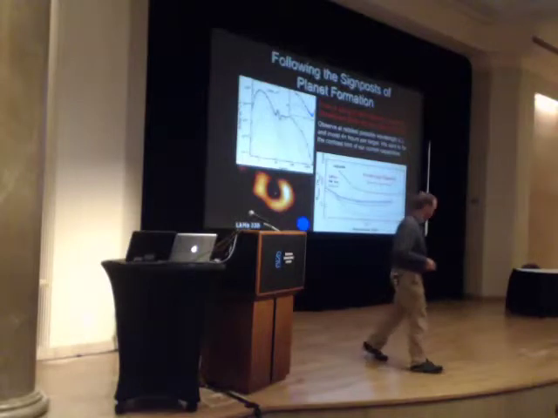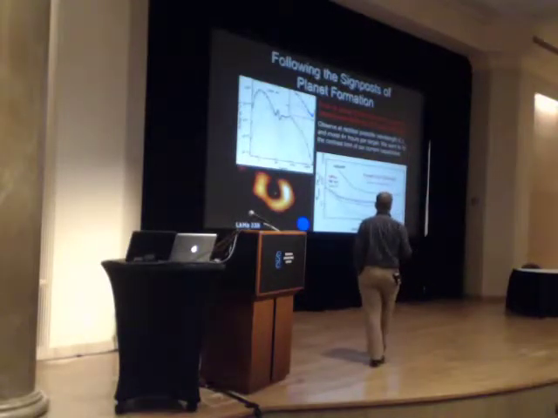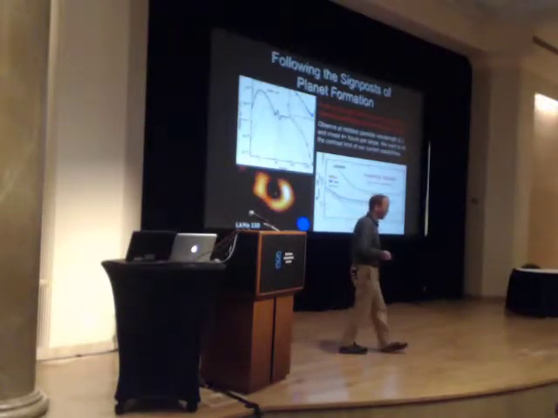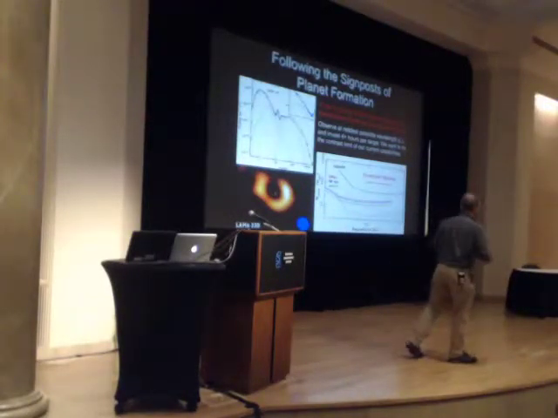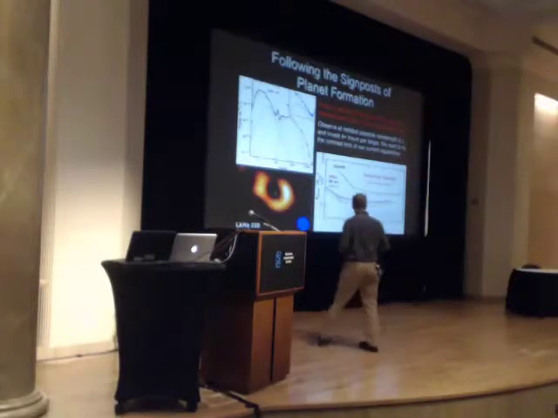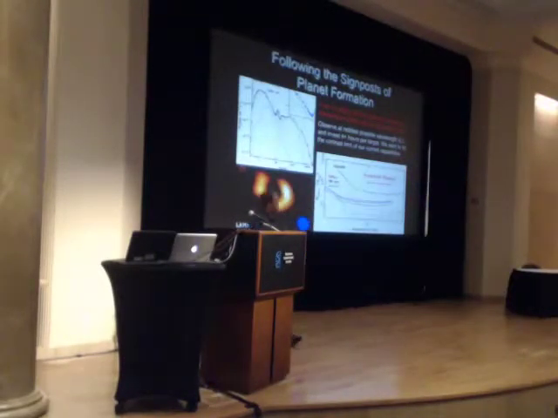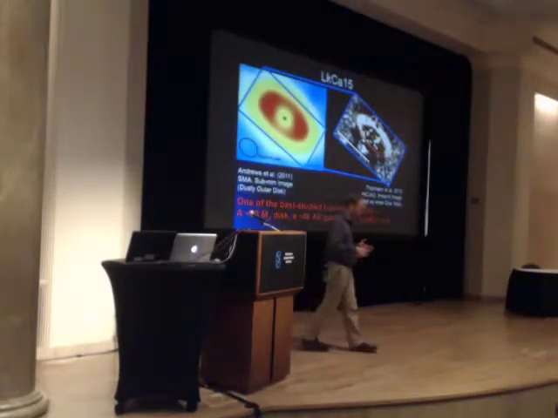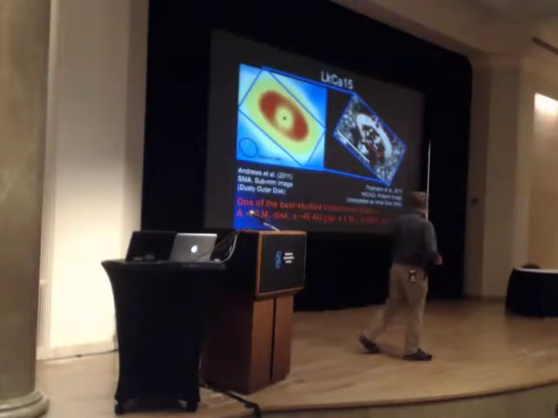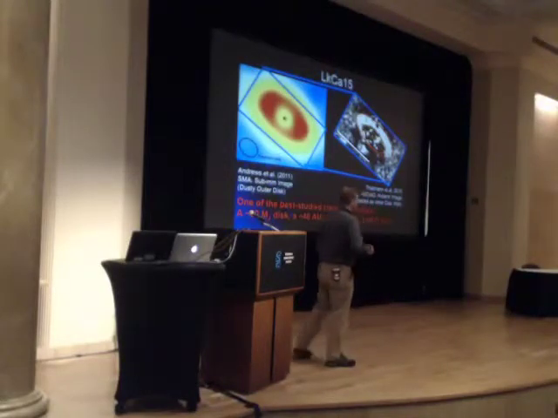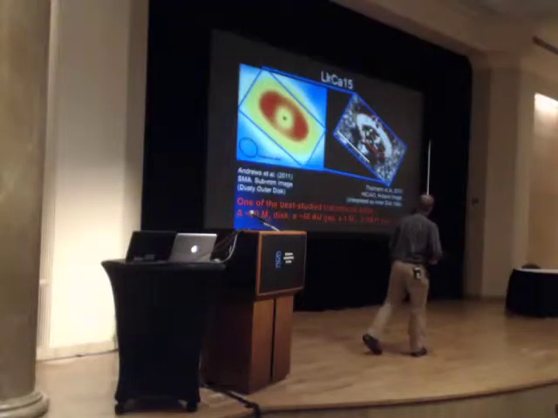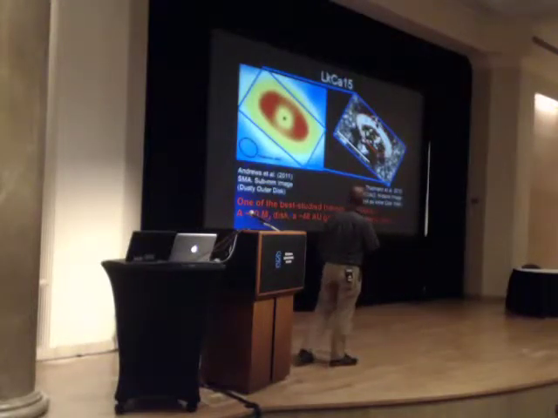We looked at about a dozen transition disks, spent quite a long time per target, nearly 4 hours, getting down to nominally, with hot start models, few Jupiter mass limits, and basically didn't really detect anything, with one clear exception, and that was an object in the hole of this disk, LkCa 15. There are other potential detections, but nothing clear.